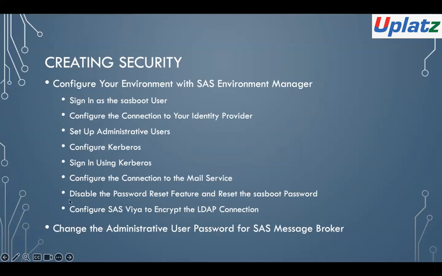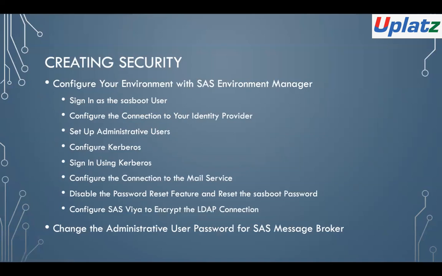Similarly, you will also have to configure the connection to the mail service. This mail service is required for you to set up any email alerts or any notifications that you want to receive from the SAS application. You will set up this mail server.